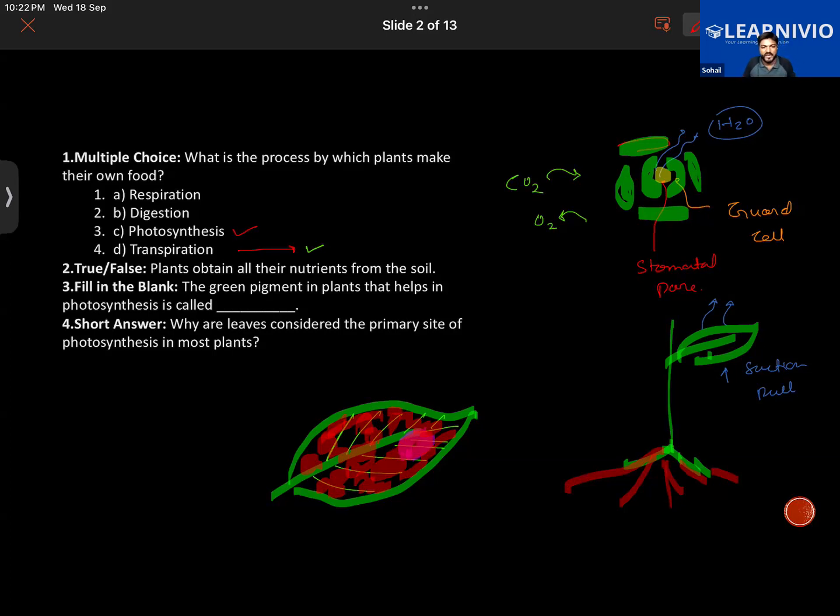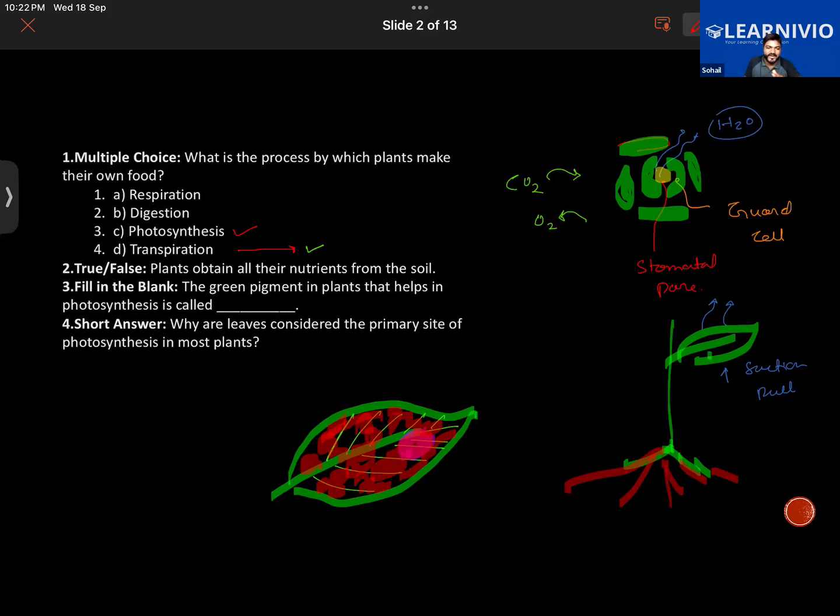Getting what I'm trying to say? There are some other pigments. We only study chlorophyll, which is the green pigment, and it is present in all the leaves. In fact, it is present even in those leaves that are not green. Say you have a yellow leaf. A yellow leaf has a yellow color because of the presence of a yellow pigment called carotenoids.